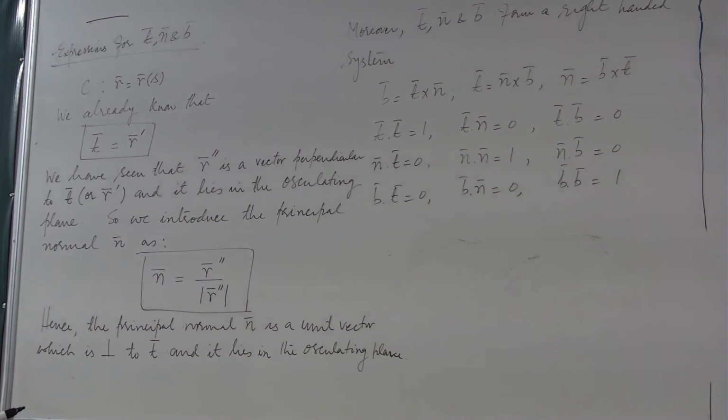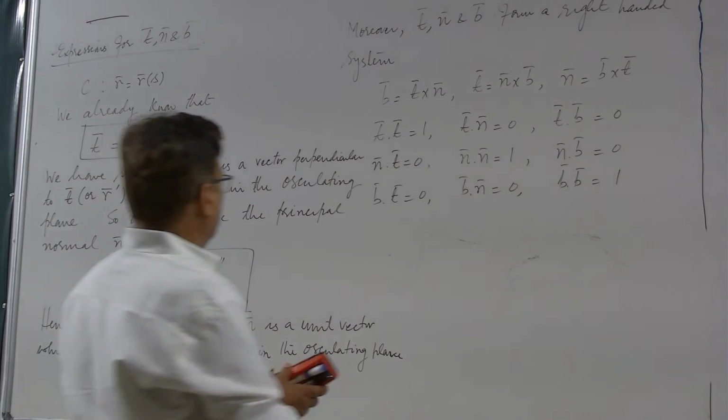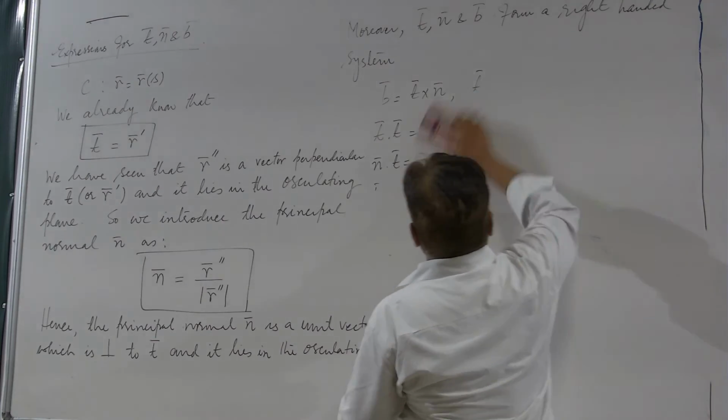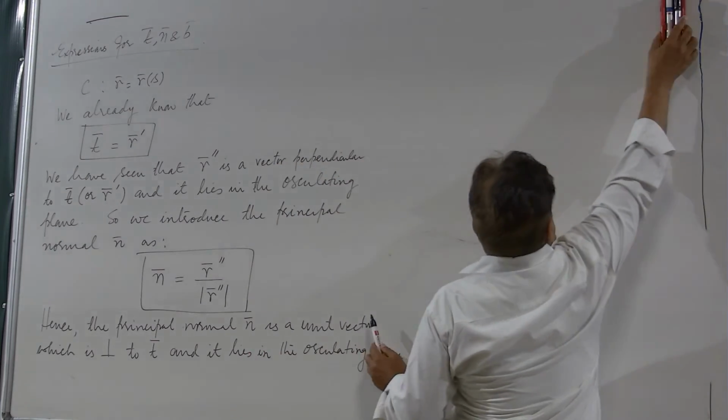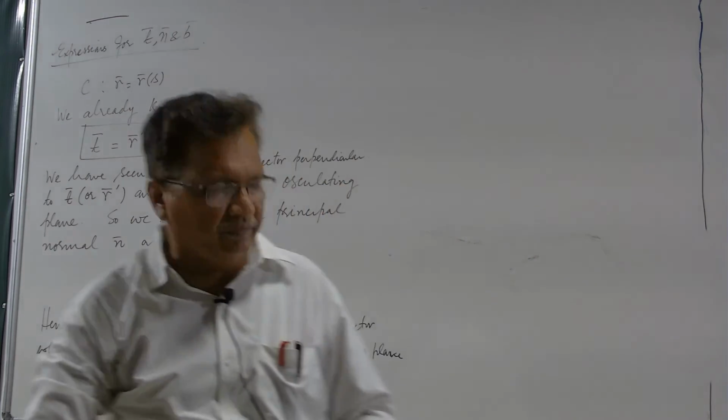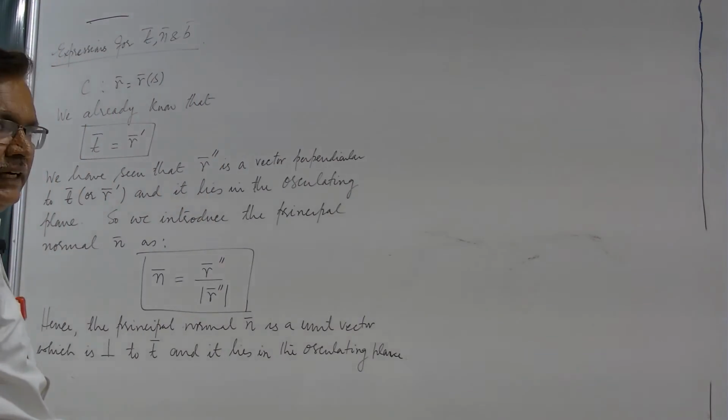Okay. So, now comes the third one, the binormal. The binormal is simple, it is a vector which is perpendicular to T and N both.